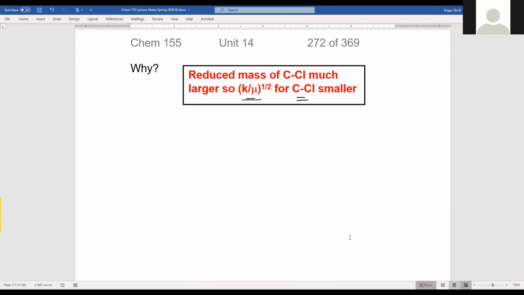So this means that the frequency, or the wave number, of this group frequency, CCl, is low, because it's proportional to the square root of K over mu, where K is the bond strength.